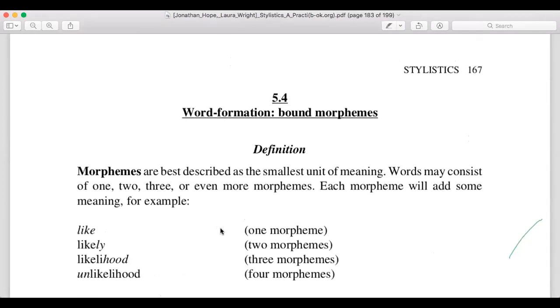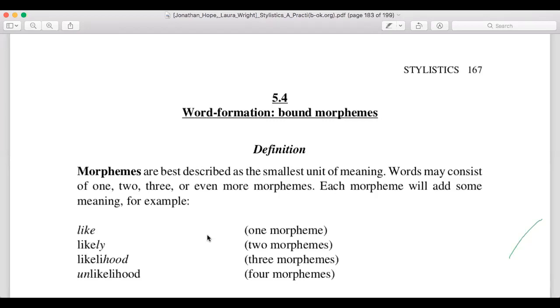Okay, and then there are many kinds of morphemes, but two basic kinds. It's just a revision for you. Most of you already know about free morphemes and bound morphemes. Free morphemes can stand alone, and bound morphemes need to get attached to free morphemes in order to become meaningful.